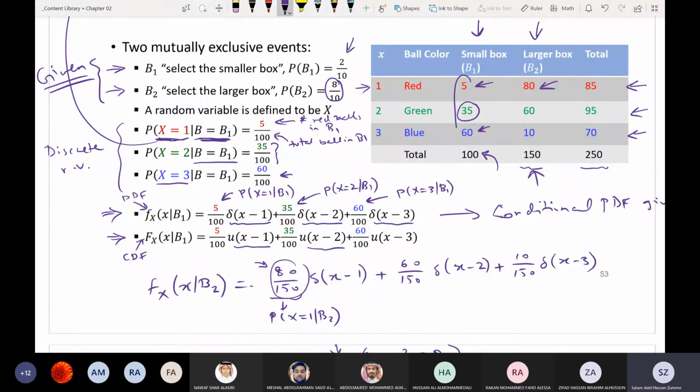Without conditioning, the sample space is the total, of course after taking the probabilities of selecting B1 and B2. When conditioning on B2, this is the new sample space.